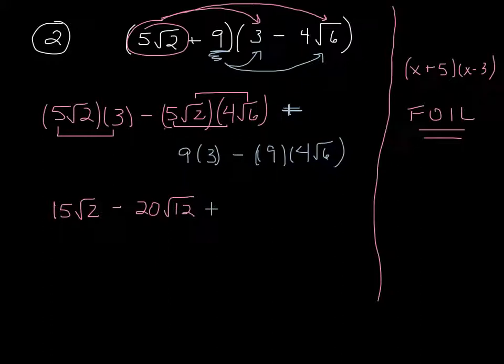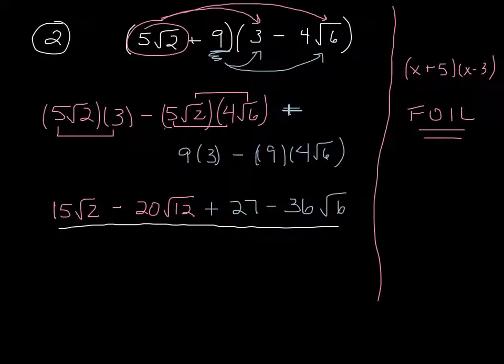Okay, now we go to 9 times 3, 27, minus 9 times 4 radical 6, which is 36 radical 6. At this point, we take a quick look at what we have, and we look to see if we can do one of two things. Number one, can we simplify? And then number two, can we combine like terms?